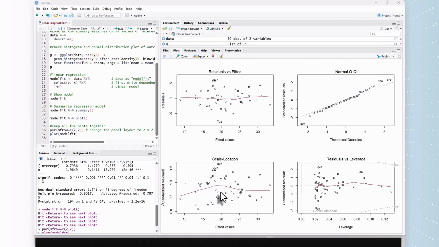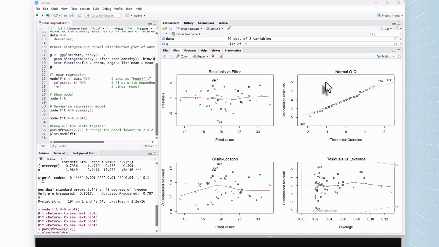And according to the normality assumption, the distribution of y at each value of x is normal. And this is the same as assuming that the errors are normally distributed. So to check the normality assumption, we can look at the normal quantile plot here, the second plot, also called the normal QQ plot.